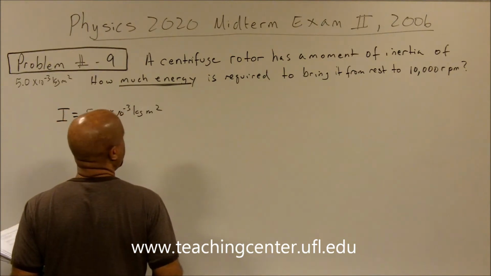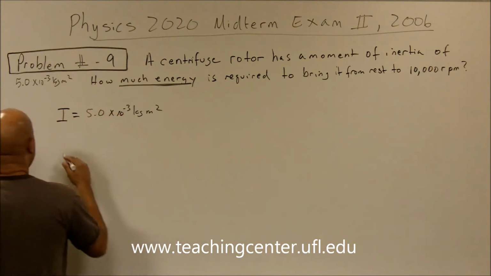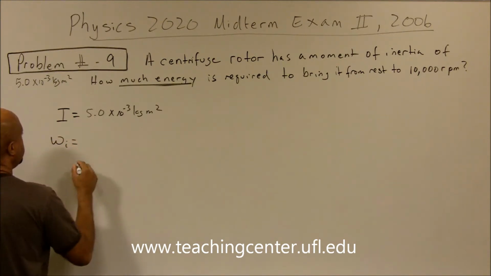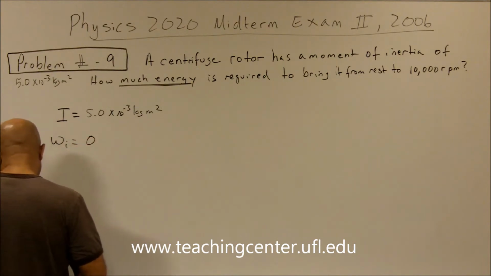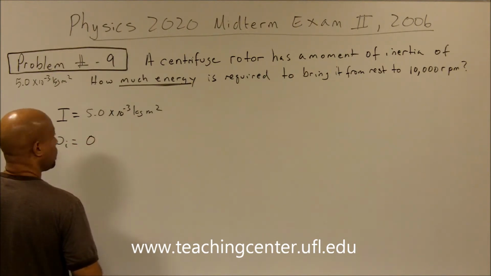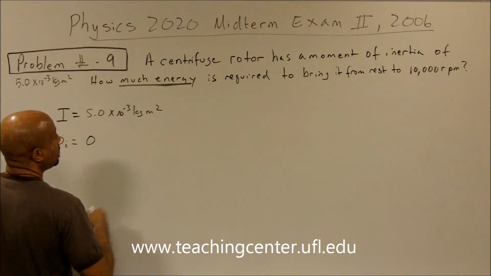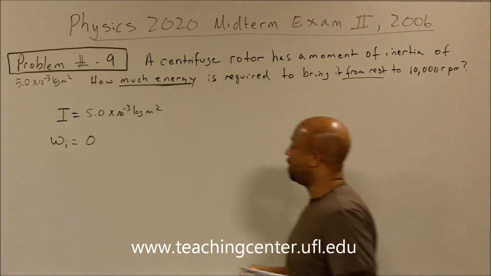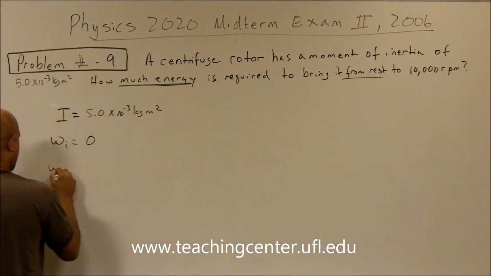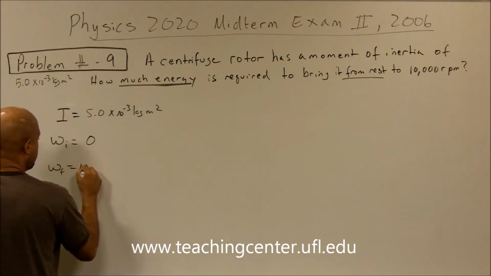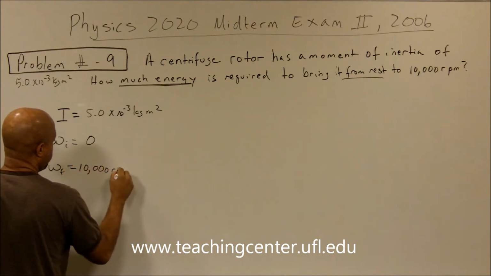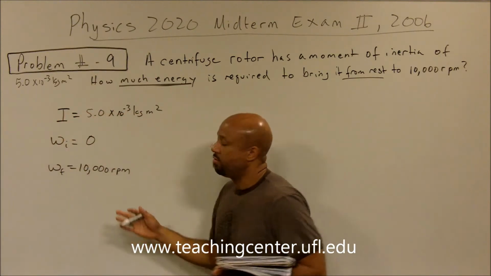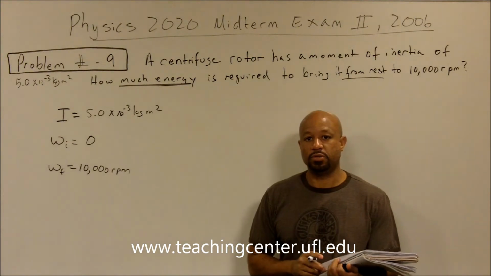And we know that the initial velocity, omega I, is 0 because it is at rest, so we know it's not moving. And we know that the final velocity is 10,000 RPM. Okay? So this is the information that's given. From this information, are we able to determine how much work is required?